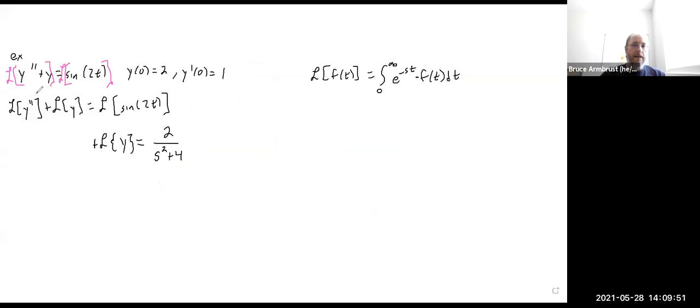Okay, so I'm going to go back and put that in. So again, with that, the derivative there, we saw that we had s squared times the Laplace transform of y minus s times y of 0, or sorry, y prime of 0 minus y of 0.